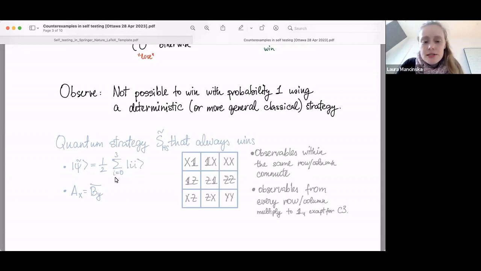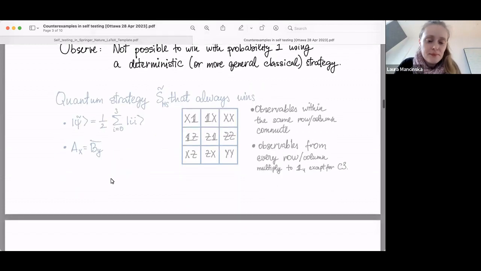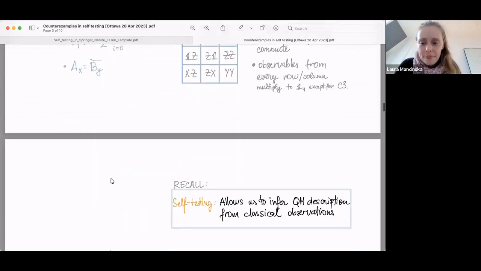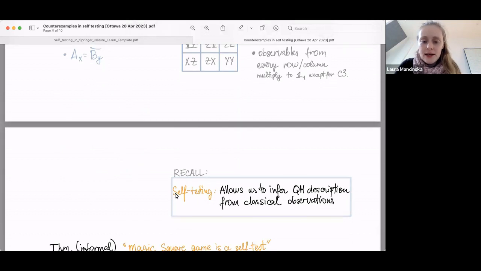All right. So there is this small quantum strategy. I mean, you don't need high dimensional quantum states. The local dimension for Alice and Bob is just 4. So the intuitive idea of this self-testing was that we wanted to infer the quantum mechanical description, so this strategy, this description of measurements together with the state, from classical observations.